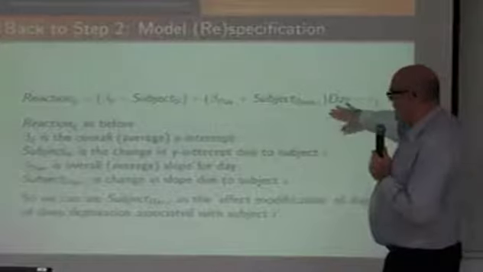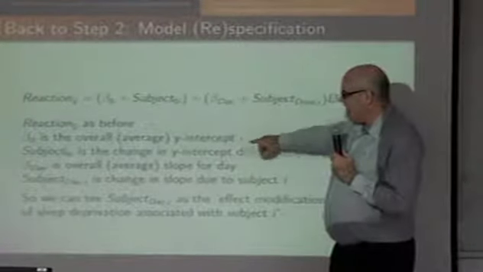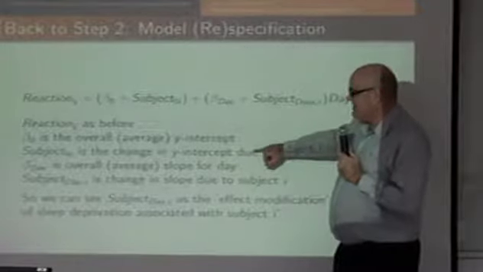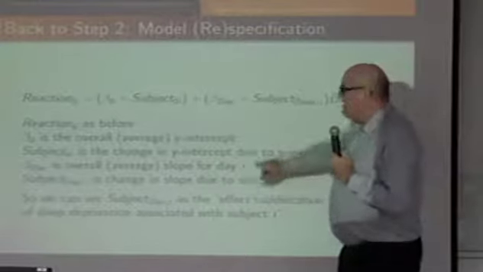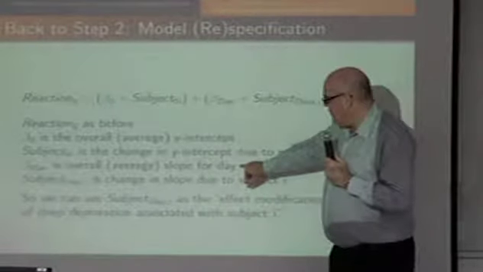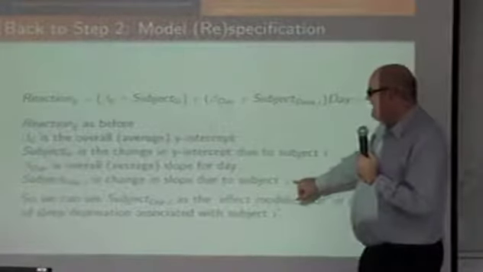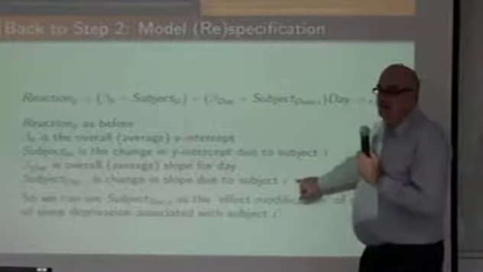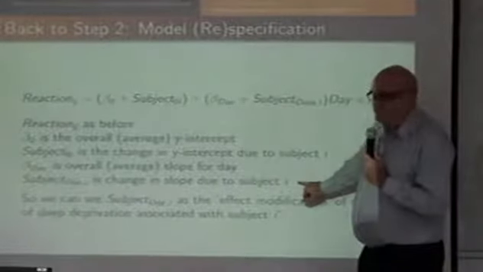So this is what I'm talking about here. Beta 0 is the overall average Y-intercept. Subject 0 is the change in the y-intercept due to subject I. Beta day is the overall average slope for the day effect or sleep deprivation effect. Subject day is the change in slope due to subject I. Some people deal with it better, some people don't.